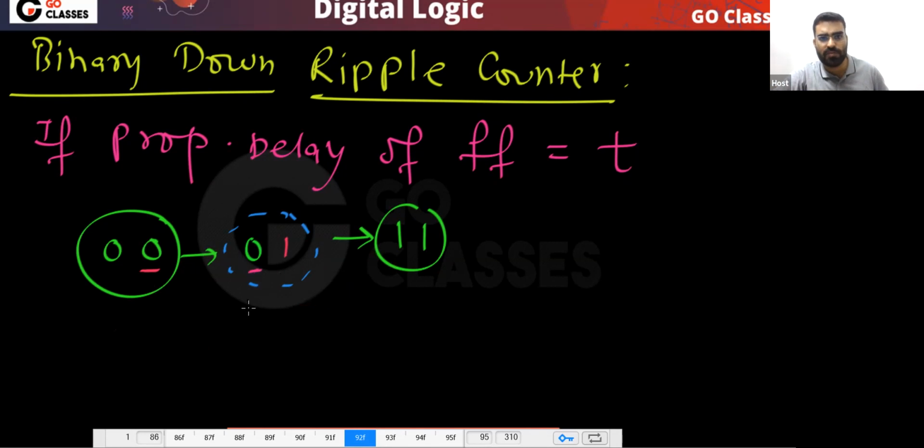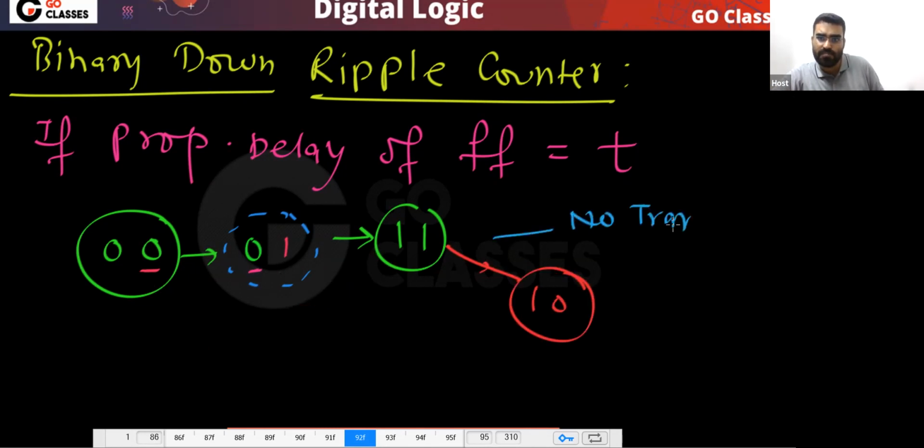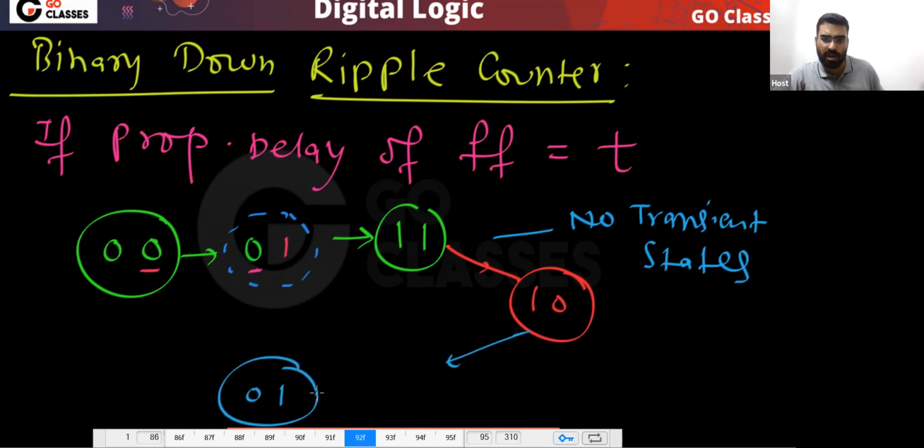Yes or no? Now from 1, 1, there is no problem. There is no transient state, because only one bit is changing. From here you should go to 0, 1.